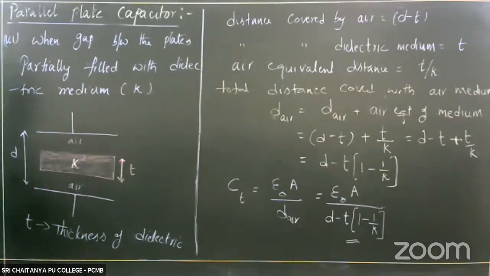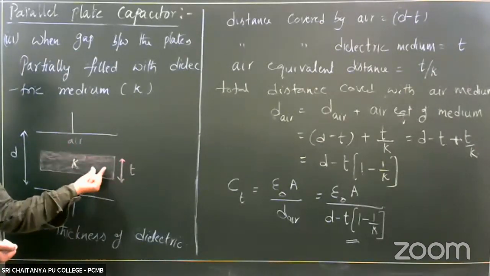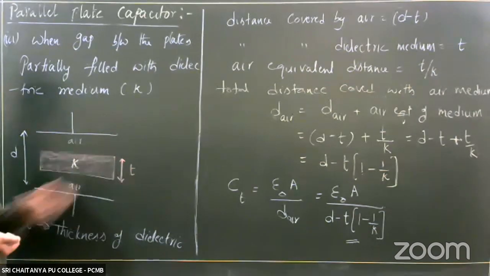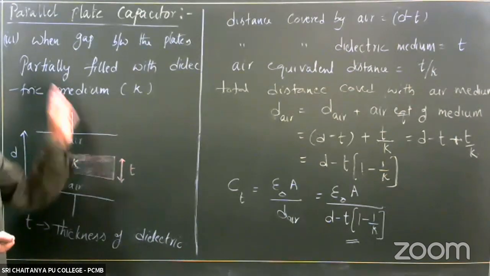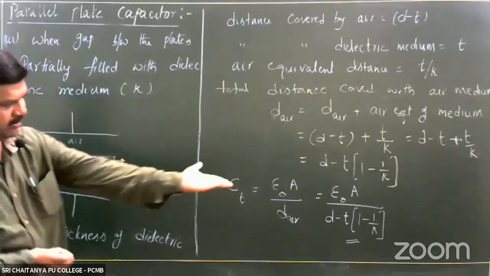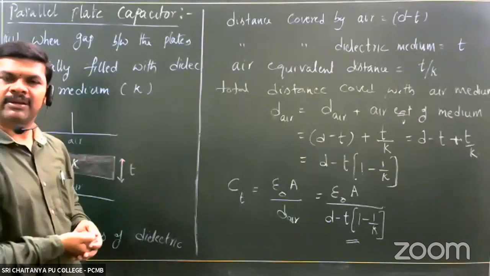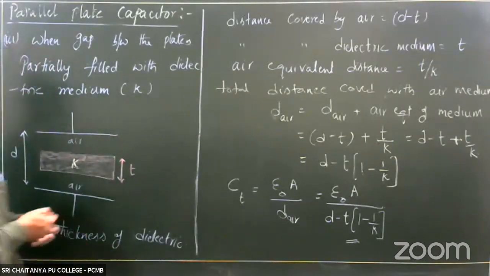You understand this? Whenever it is filled like this, first take the air distance D minus T and add its air equivalent T by K, and that is equal to the total space covered with air, D minus T into 1 minus 1 by K. Clear?